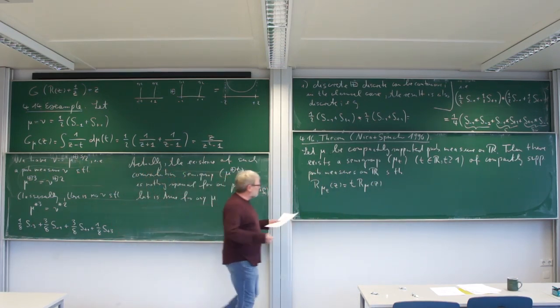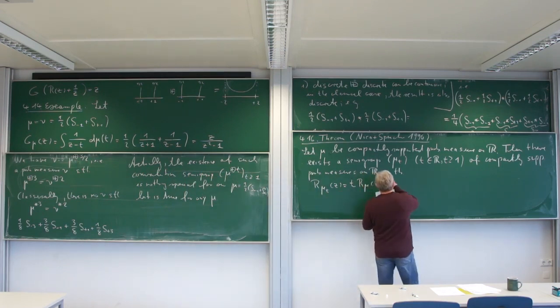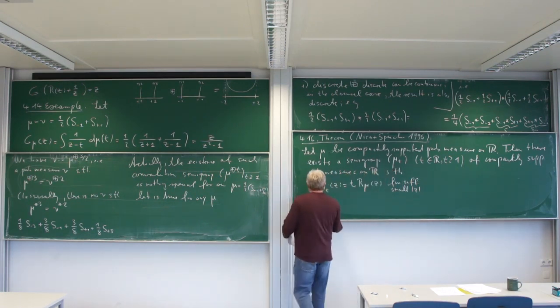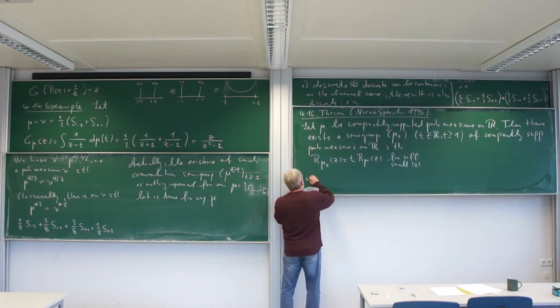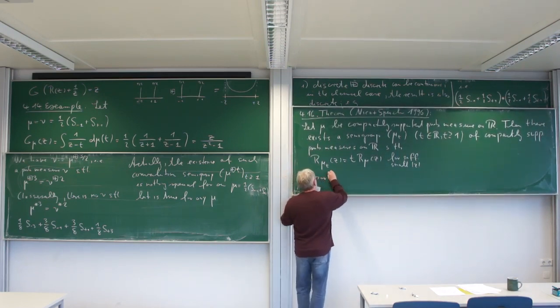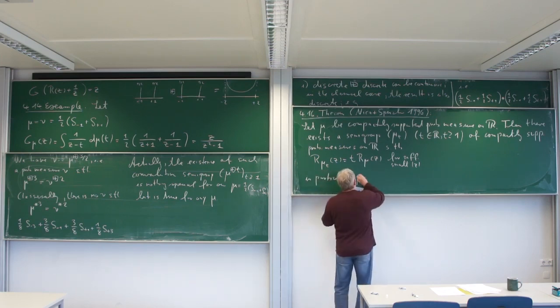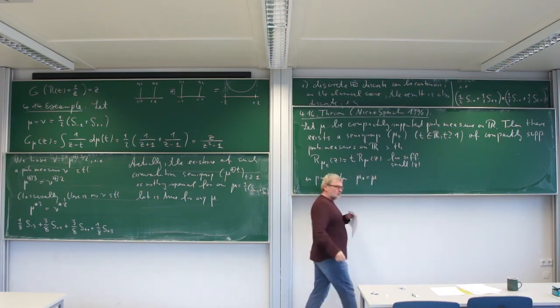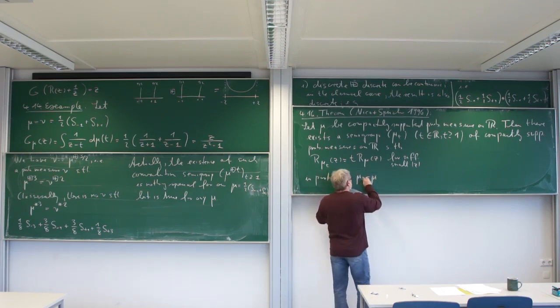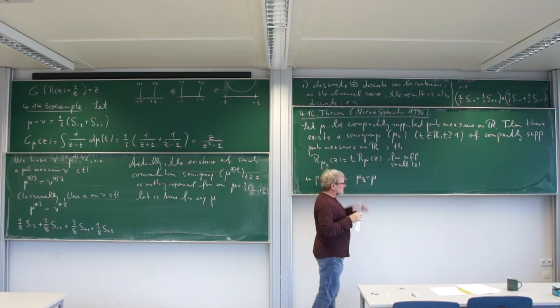The R transform is not defined everywhere, so this holds for sufficiently small values of z. Maybe, to write it more with the convolution powers, of course mu1 is the same as mu. The R transform of this is just this.